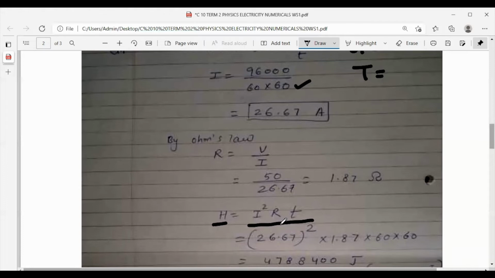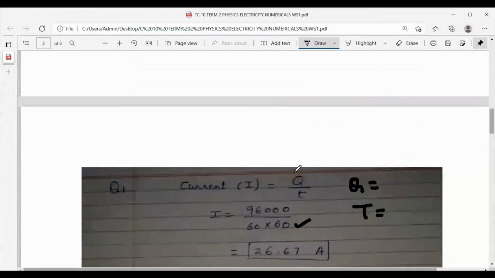Now to find I squared RT, you must know I, and we do not know that at the start of this numerical. So firstly we are going to find the value of I, and we know that current I is equal to Q, that is charge, divided by time.